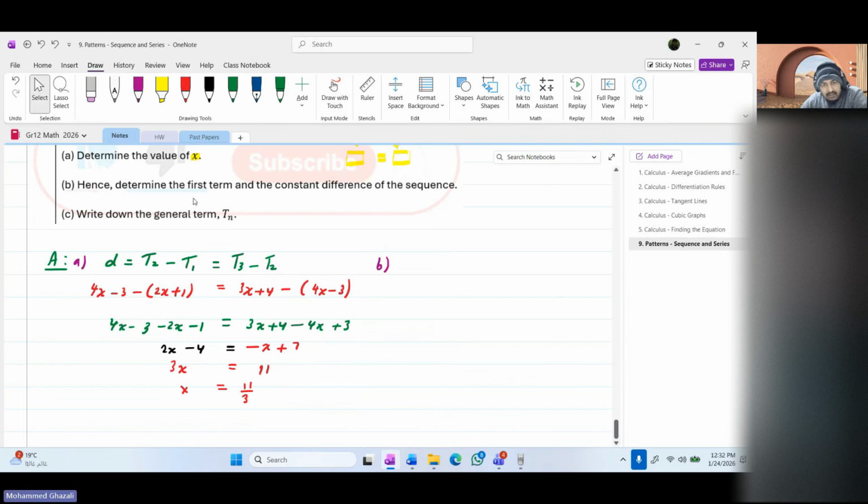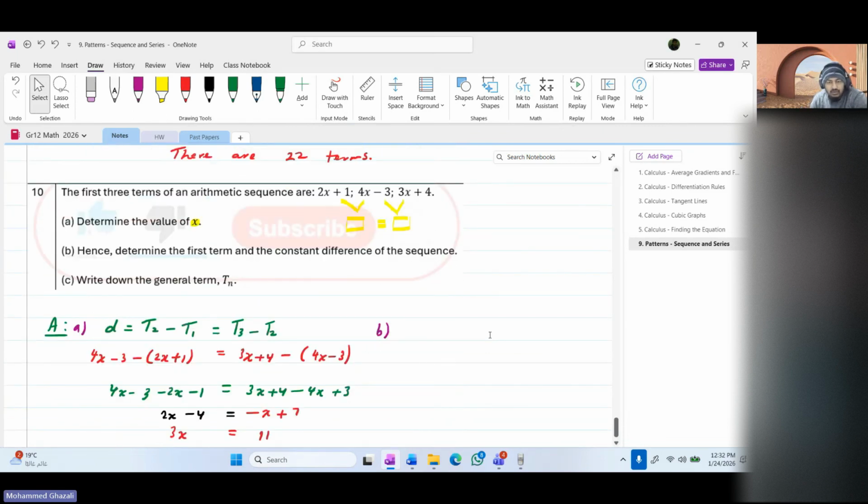determine the first term and the constant difference of the sequence. Constant difference or the common difference. So term 1 is a, which is equal to 2x plus 1.